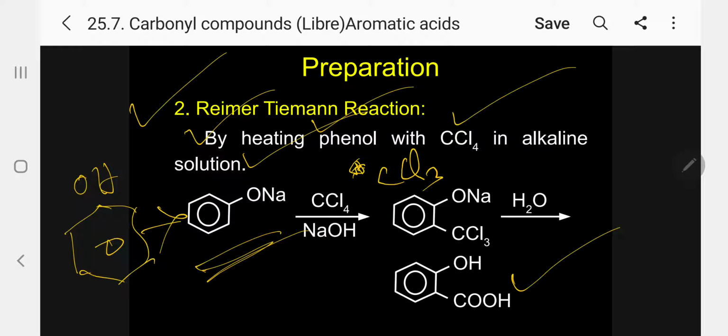Kindly follow. So now what will happen? With respect to the ortho position, this is an ortho-para-orienting phenolic group, so the electrophile attacks at the carbon atom. See, for example, this is carbon tetrachloride.